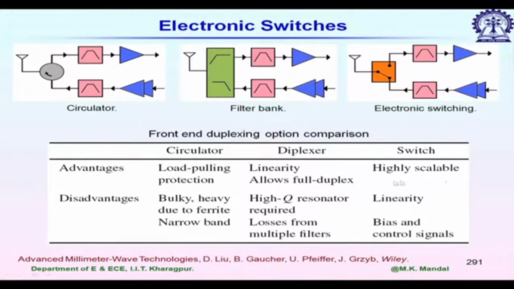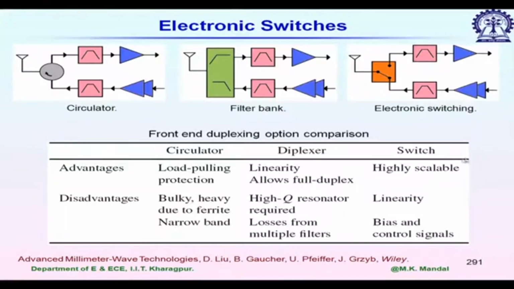Next, the switch is highly scalable. In fact, it is possible to fabricate inside any integrated circuit in VLSI technology. We can fabricate hundreds of switches together, but the main problem is its linearity, because in most cases it would be associated with some PN junction or, let us say, a Schottky diode, and all of them are associated with some sort of non-linearities.